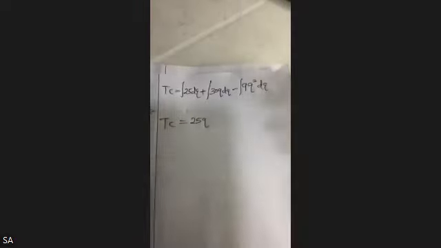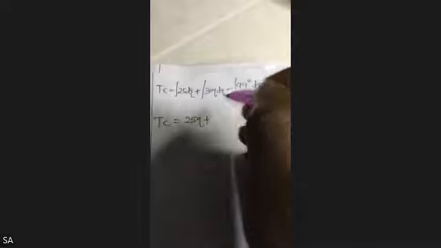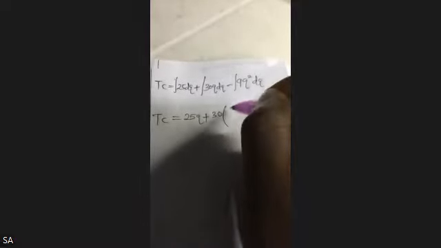If you integrate this, this will give you 25Q. Anytime you are integrating a constant, you have that constant with the variable you are integrating with respect to. Plus this will give us 30 into Q raised power 1 plus 1 divided by 1 plus 1, then minus 9 into Q raised power 2 plus 1 over 2 plus 1 plus c.